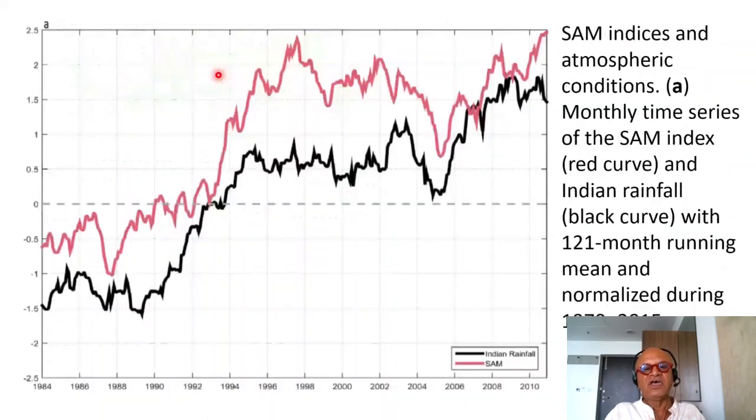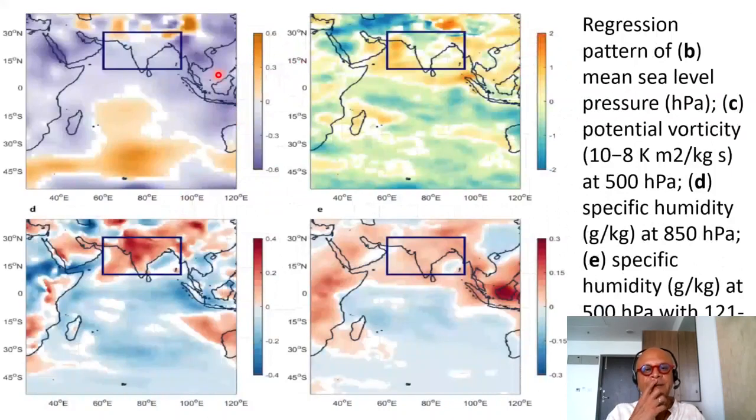So one has to be careful about that as well when we say extremes over the Indian region. So these are the regression patterns of mean sea level pressure. We are having in the 1990s to the 2000s lower sea level pressure, which would give you a cyclonic circulation in terms of potential vorticity.